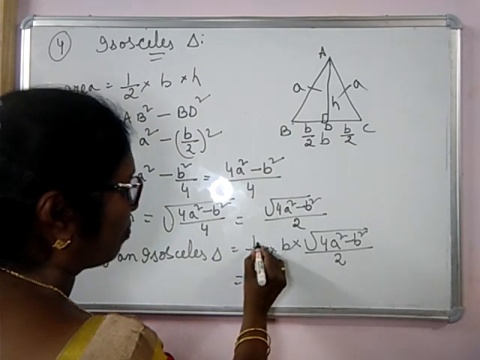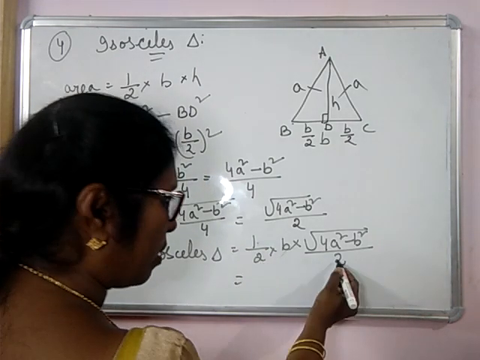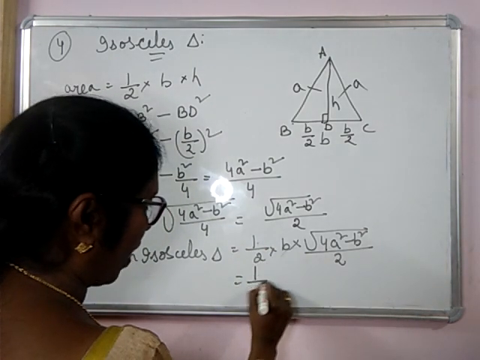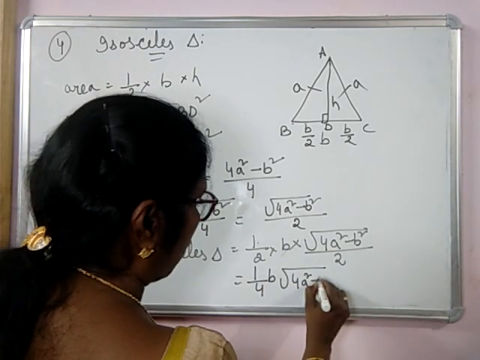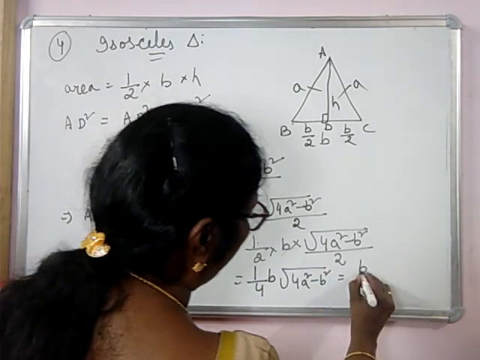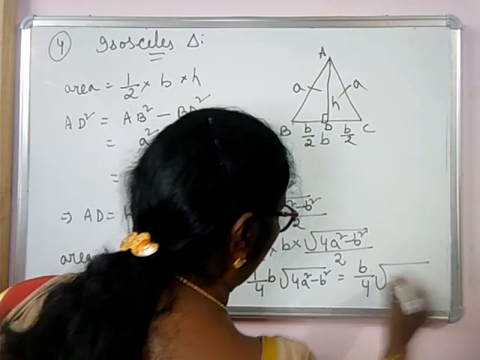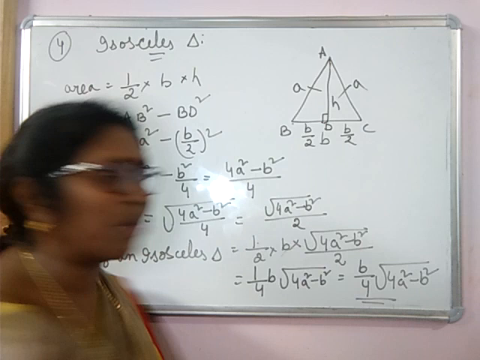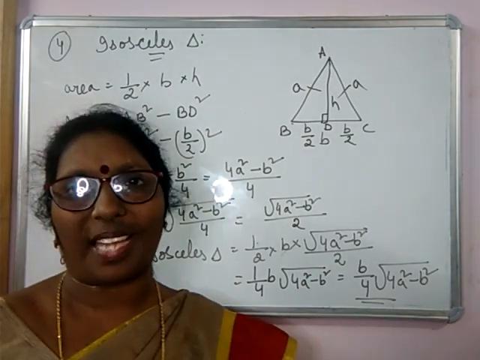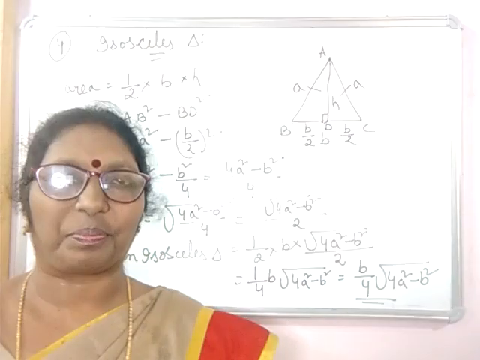That implies 1 by 2, denominator 4, b. So 1 by 4 into b and the square root of 4a square minus b square, or we can write b by 4 into square root of 4a square minus b square is the area of an isosceles triangle.